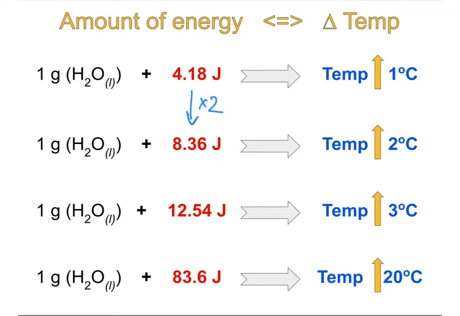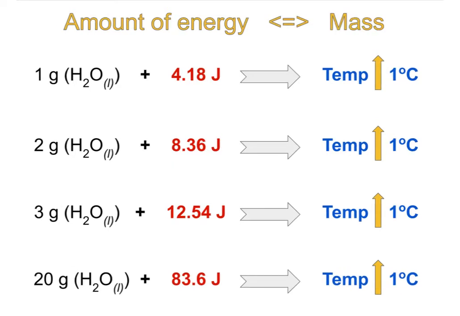And if I need 3 degrees Celsius, once again I would have to transfer more, 3 times the amount of energy into that 1 gram of water. So the change of temperature that I am trying to achieve will play an important role in the calculations.